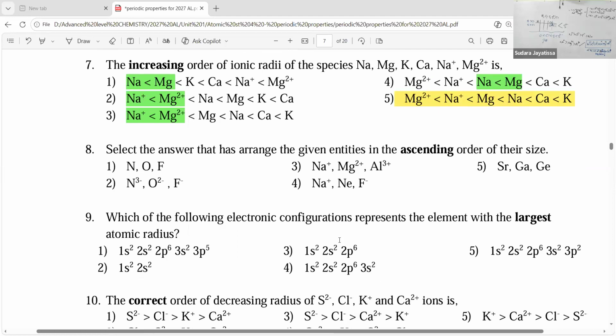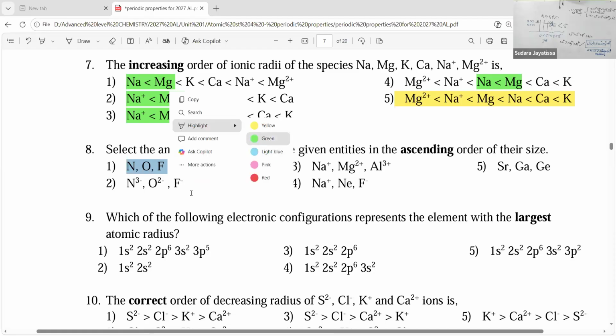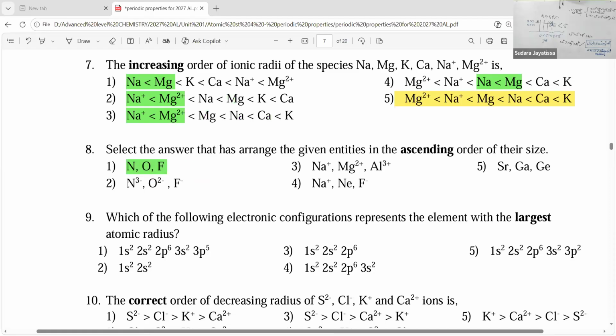Nitrogen, oxygen, fluorine is not the ascending order, right? The correct way is fluorine, oxygen, nitrogen. Second one is again wrong. It should be the other way: fluoride, oxide, nitride. Nitride is the largest.